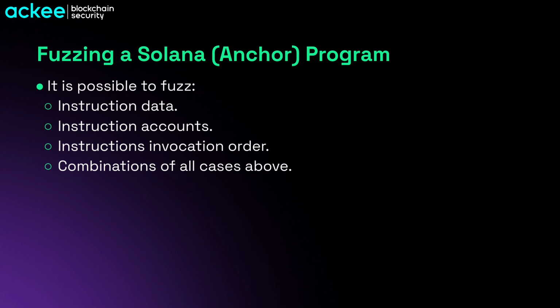So this is another thing that should be tested. Very often integration tests cover the happy path scenario and test the actual functionality, but testing different paths and unexpected invocation orders is much harder. So that's why this is something that can be done using fuzz testing.